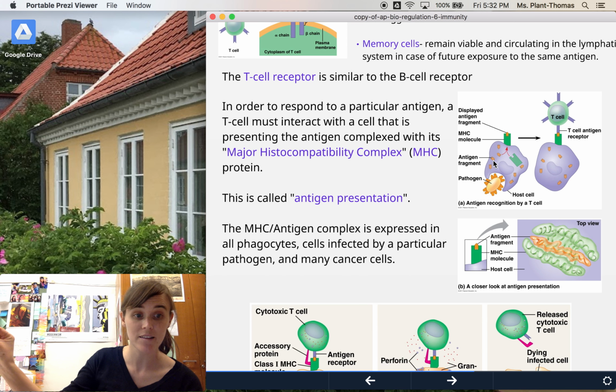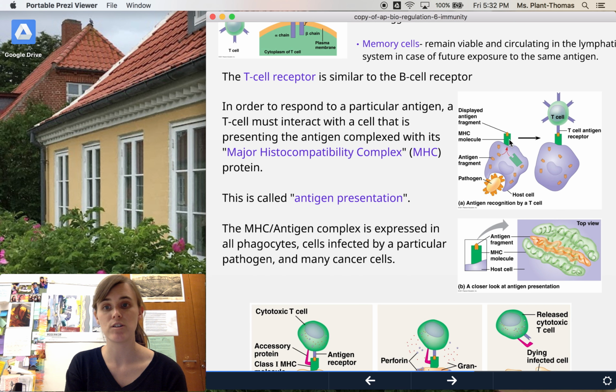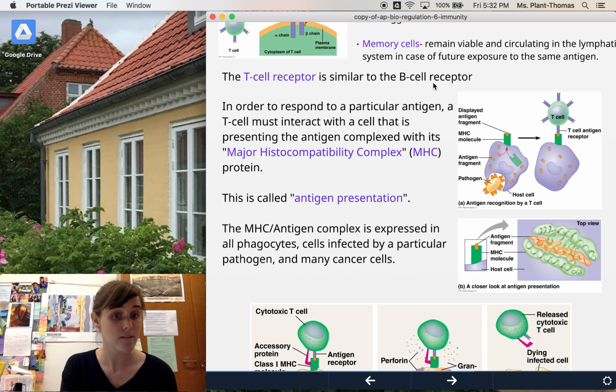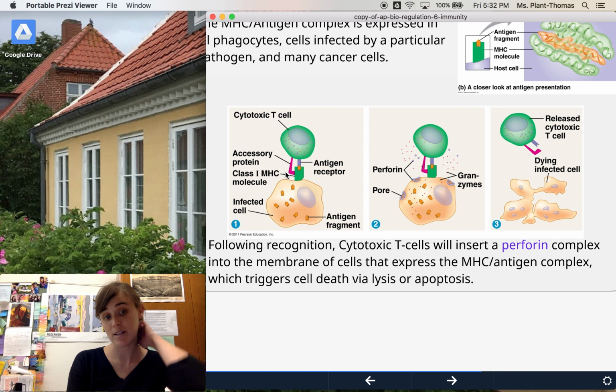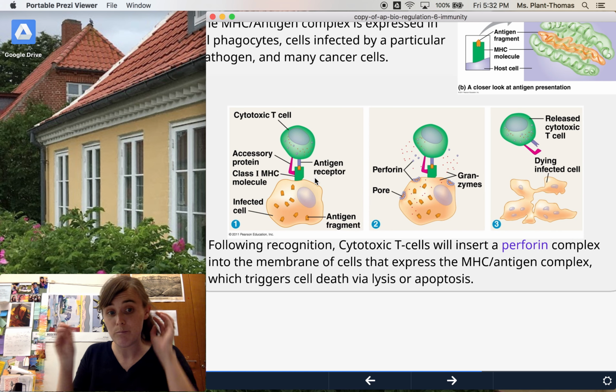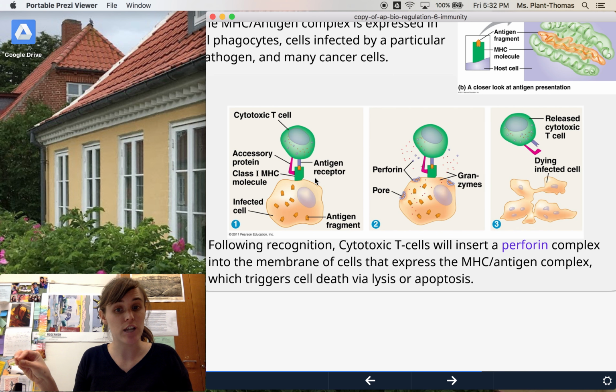The way it holds out that name tag is this MHC molecule, the major histocompatibility complex, and that's how it holds out that antigen. Then a T cell comes along, and it's got its little receptor, which is kind of like the B cell receptor, sort of like the thing that's on antibodies, but not really the same, and it binds.